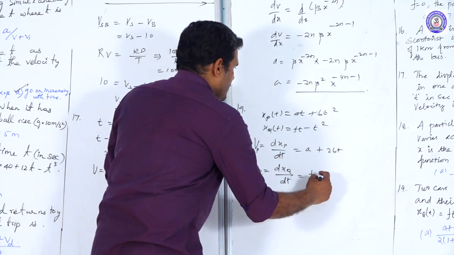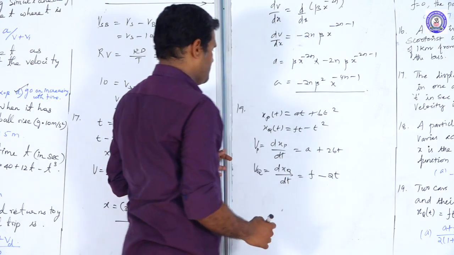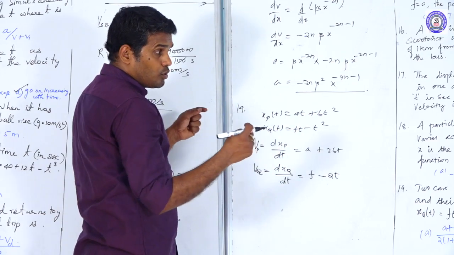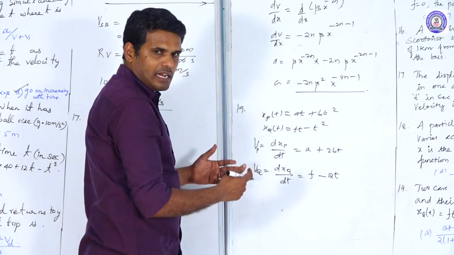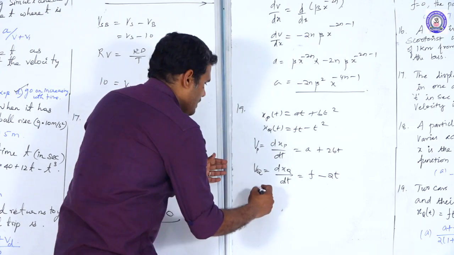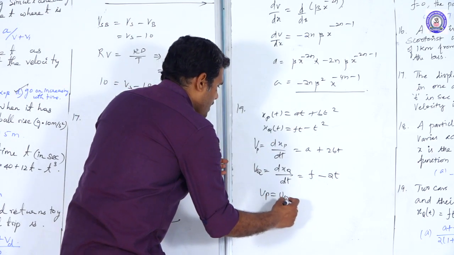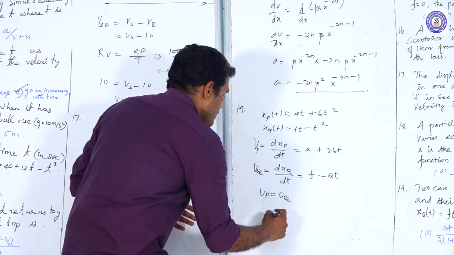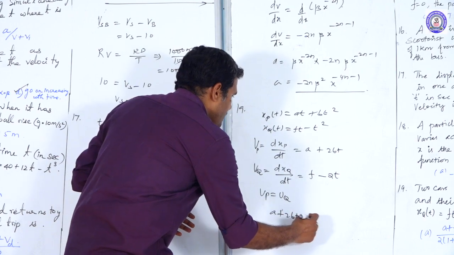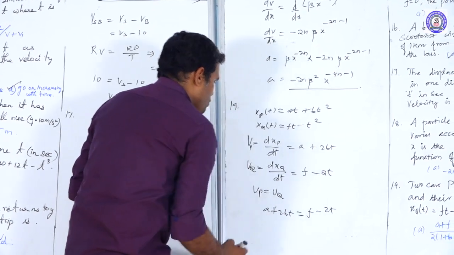This is equal to f minus 2t. If the two cars are supposed to possess the same velocity, then we can easily calculate the time by comparing these velocities. On equating, a plus 2bt equals f minus 2t.